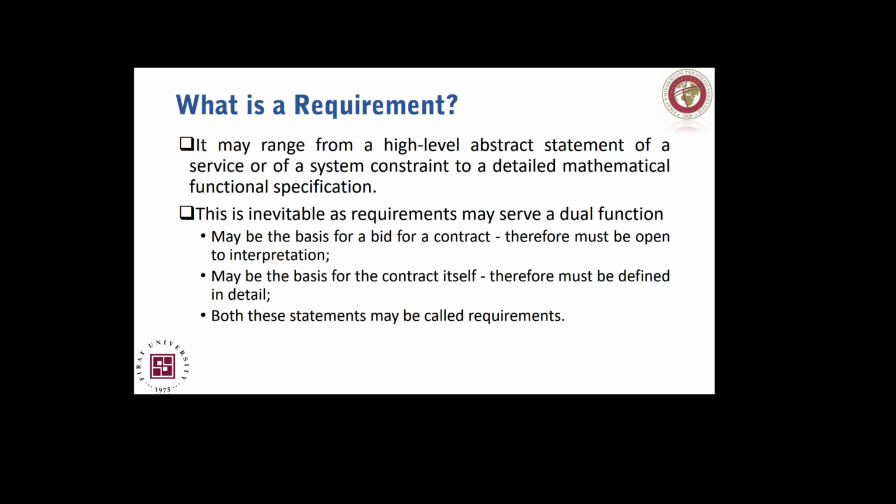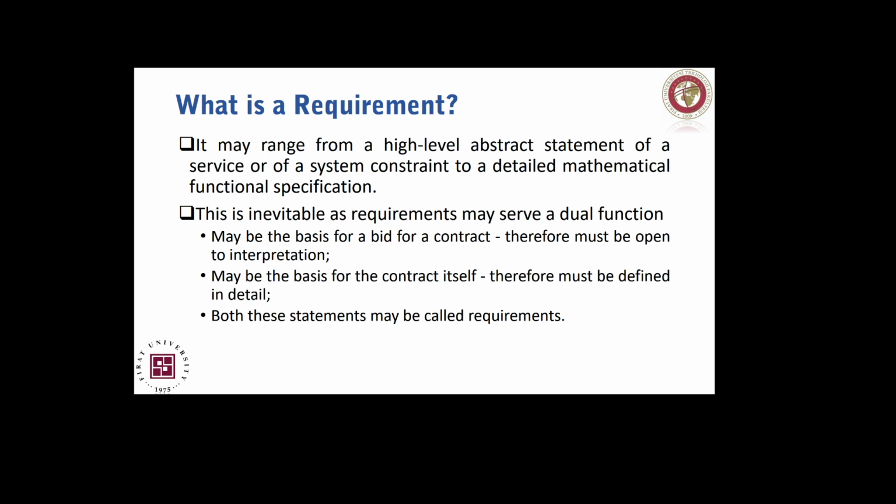So a requirement by itself, not requirements engineering, how can we define it? It can be viewed from two different perspectives. The first one is a high-level or abstract perspective. What does it mean?